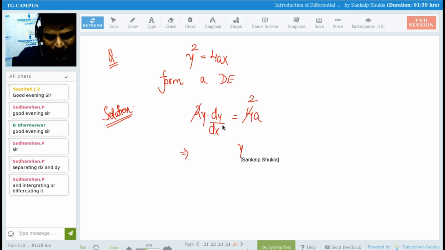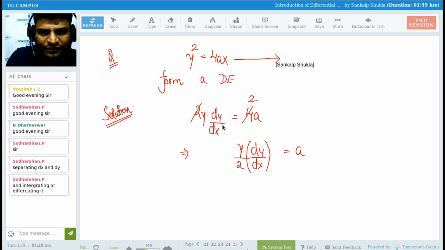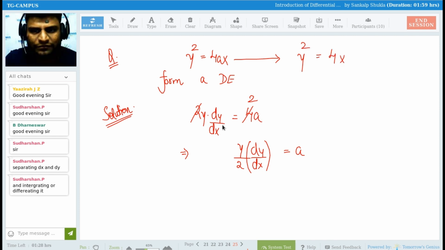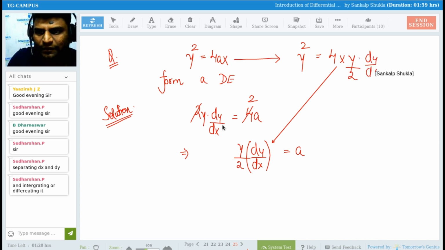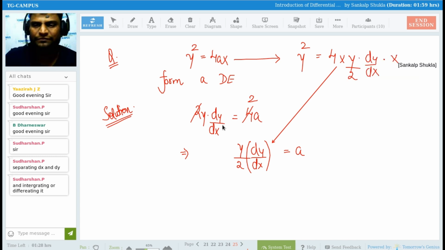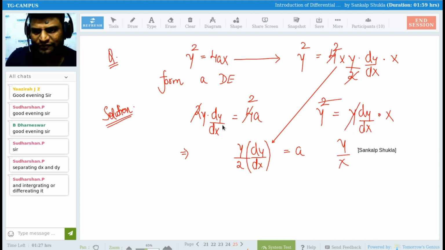So (y/2) dy/dx is a. Yes? So just replace this. y² = 4 into a. The value of a is this. So (y/2) dy/dx into x. So this 2 and 4 will again cancel each other. So this will become y² = y dy/dx into x. So this and y will cancel. y/x = dy/dx.